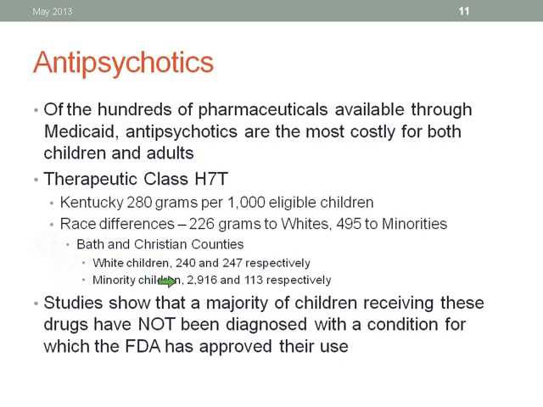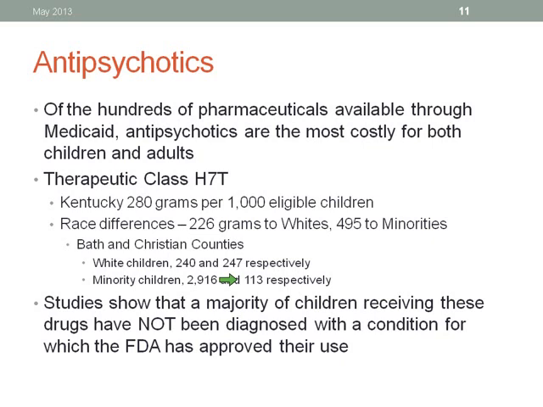Well, in Bath County, they got almost 3,000 grams per eligible, and in Christian County, they got about 113 grams. Obviously, that's a very large difference. Now, what's going on here? Well, that's why the Secretary decided to form this working group.